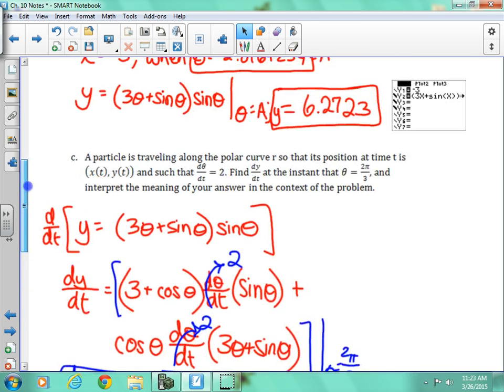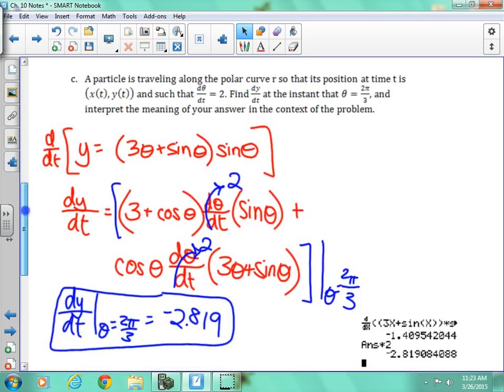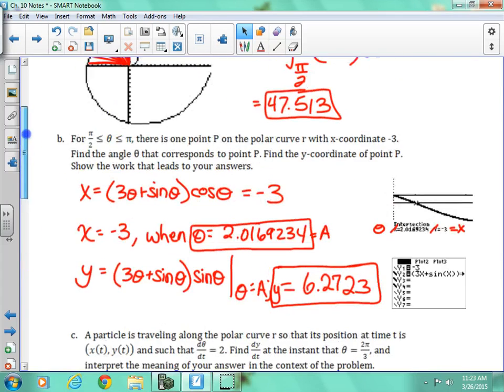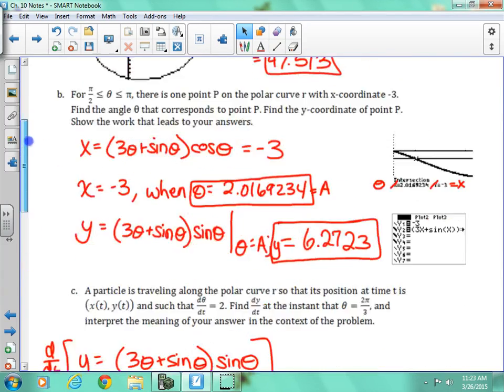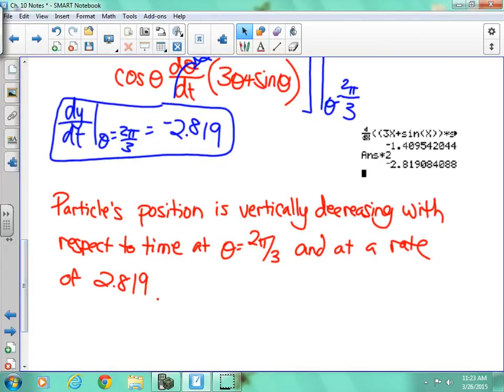Basically, it's fallen. Long story short. Do they give me any units? They don't, do they? So it's vertically decreasing, it's falling? I don't know, I guess you could say falling. But I like vertically just because we're saying it's in terms of y.